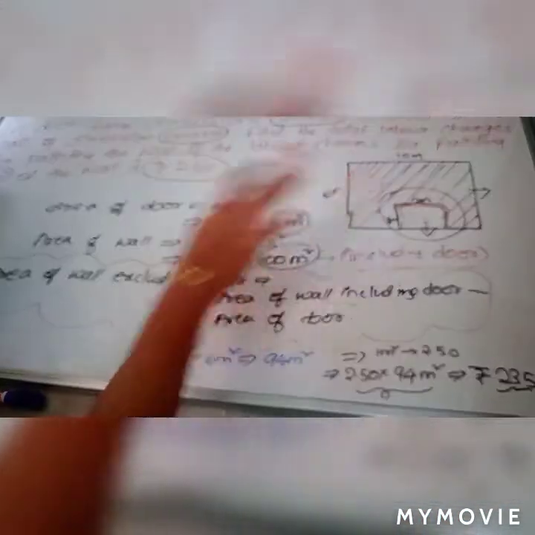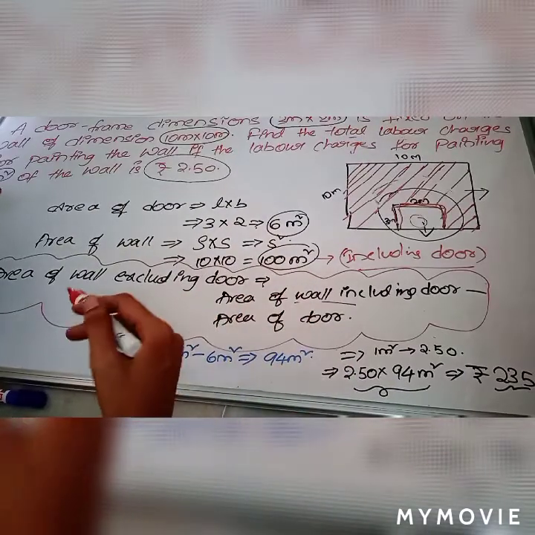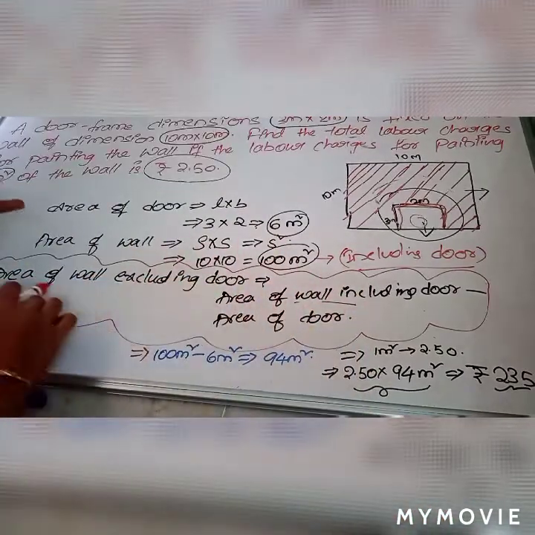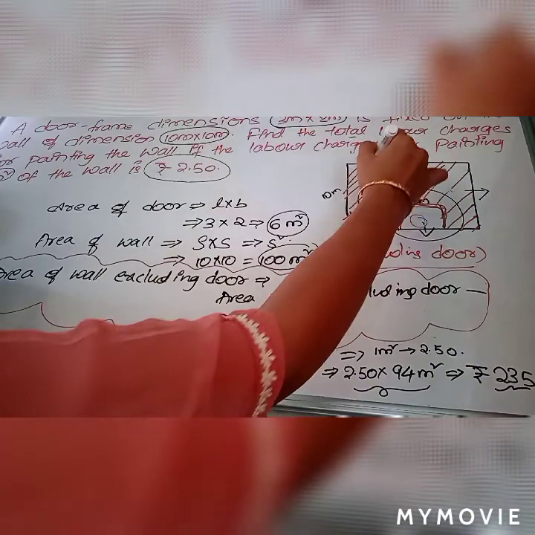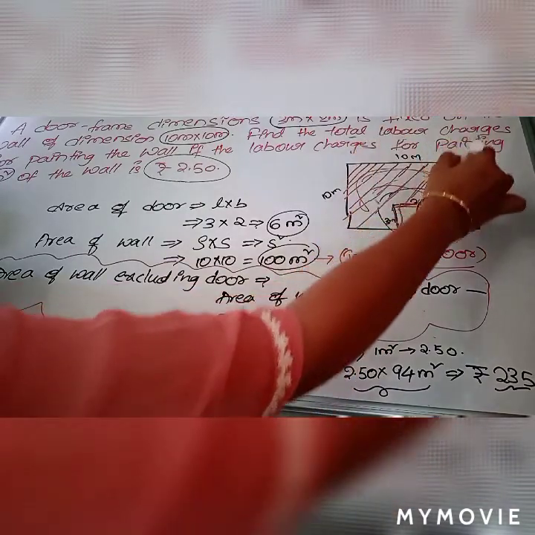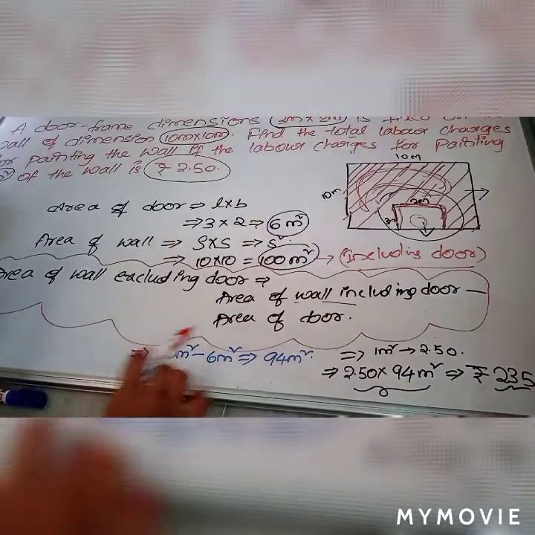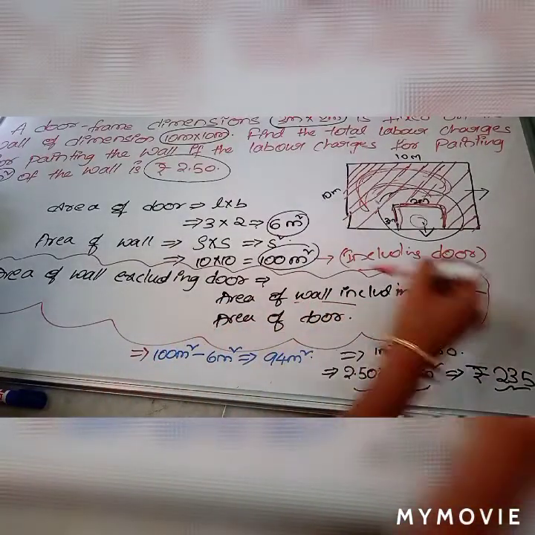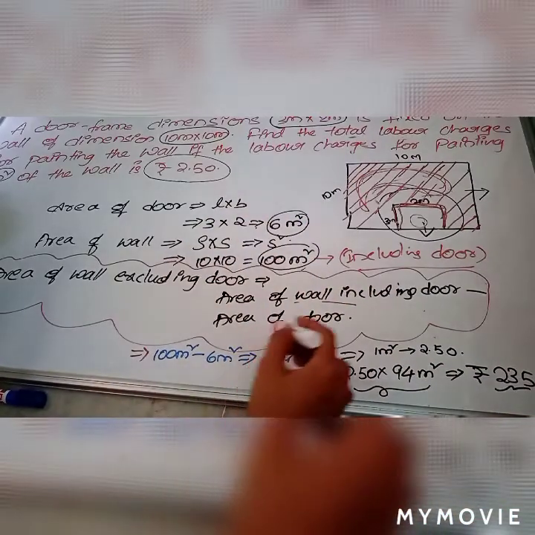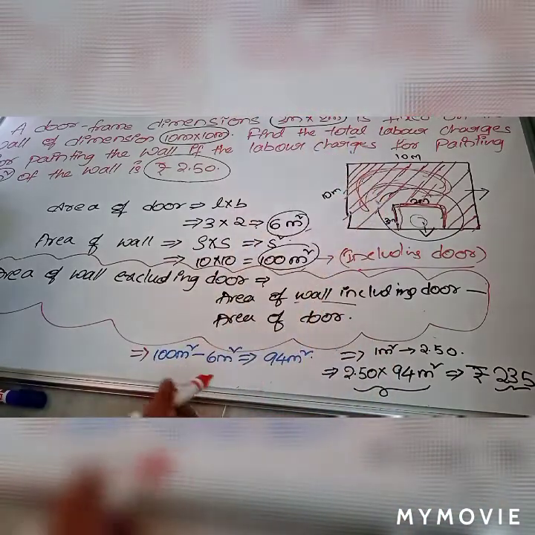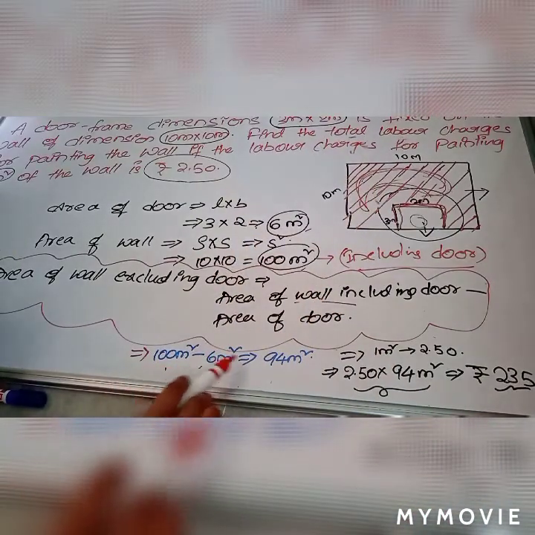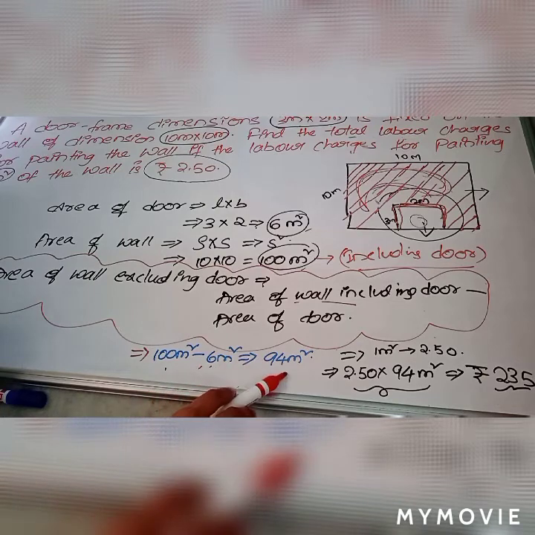If we subtract this, then we will get the result for this shaded region. So what's the area of wall including door? 100 square centimeters, and what's the area of door? 6 square centimeters. So 100 square centimeters minus 6 square centimeters is equal to 94 square meters.